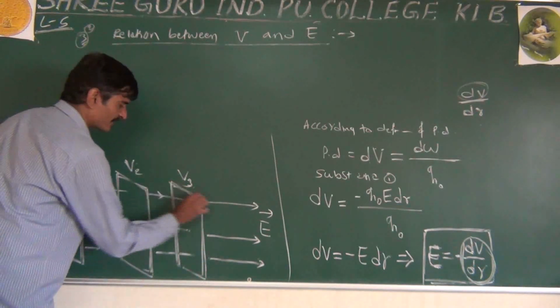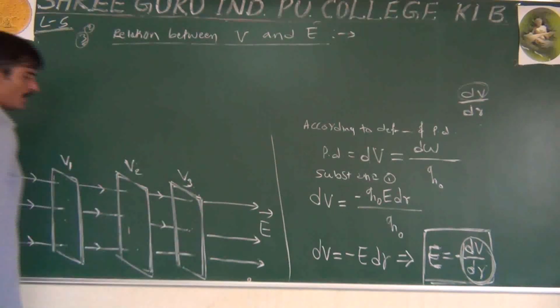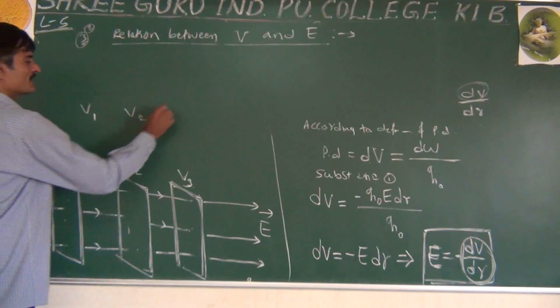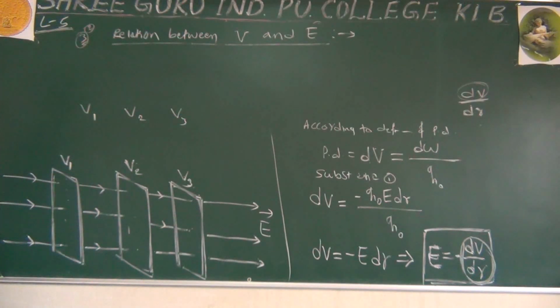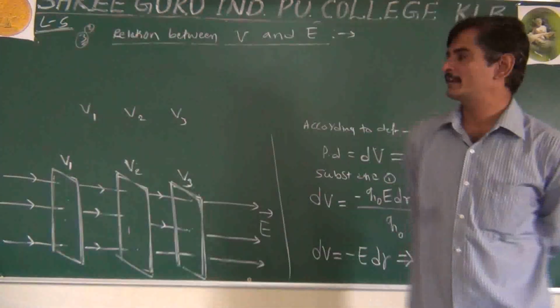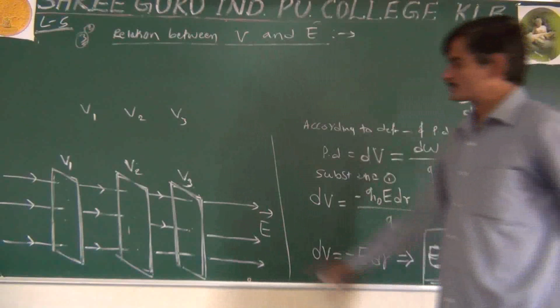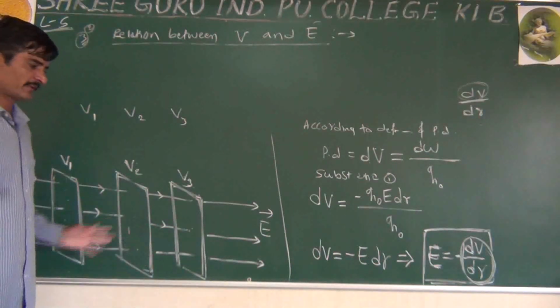At every point of this surface, the potential is V3. Out of these three, which potential is more or which potential is less? Can you tell? Think about that. Which one is stronger or which one is weaker, or are all three equal? This was a CET question.